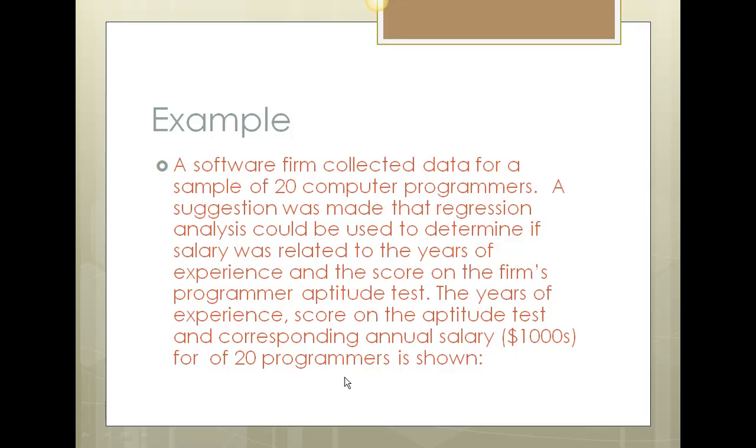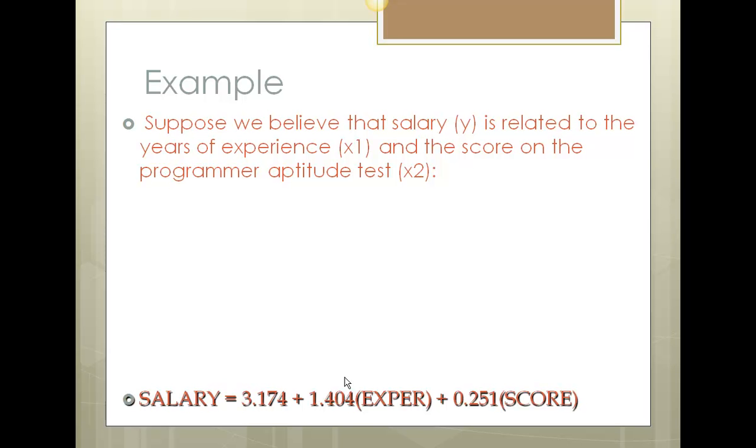So we want to use years of experience and score on the aptitude test to predict salary. So we believe that salary, y, is related to years of experience, x1, and the score on an aptitude test, x2.